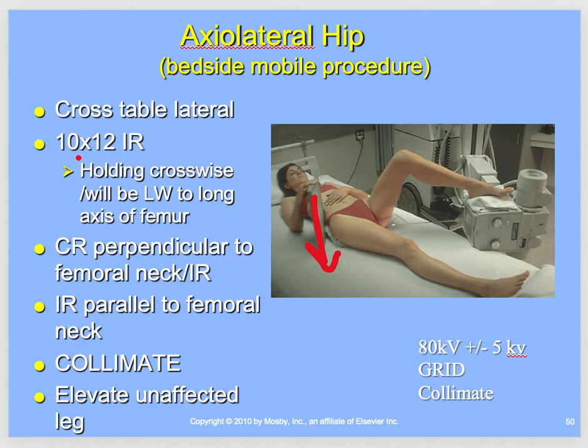receptor. So usually a 10x12 image receptor, but with digital, we're just going to use whatever cassette comes with the digital, usually 17x17, 14x17, are what those digital receptors are. Holding it crosswise, it'll be lengthwise to the long axis of the femur.